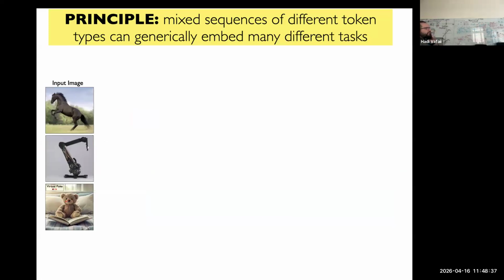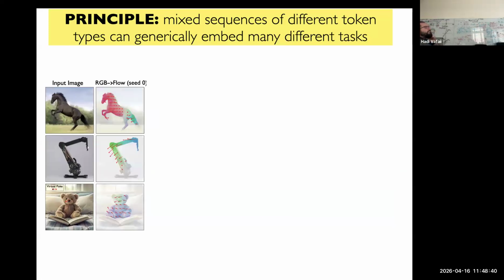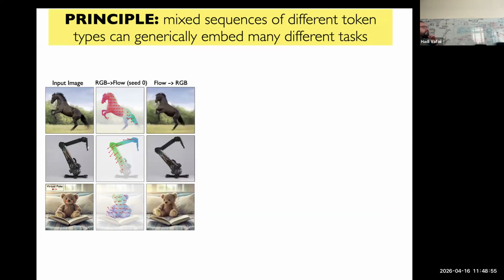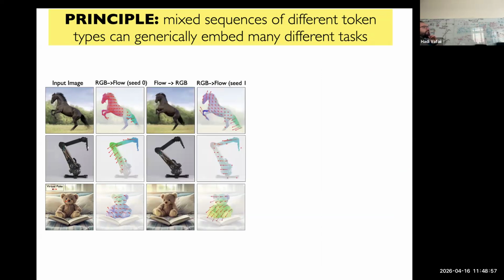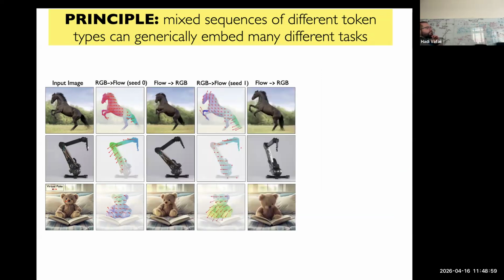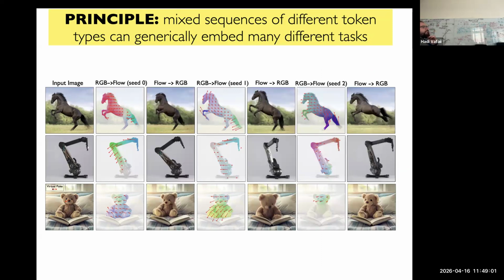So here they are in practice. I've got some initial image. I didn't tell you this, but we trained the model with those tokens. And so this is an example of a prediction for motion, which is like the objects can move. That's a sample of the motion prediction on those images. And then that's what the rendering looks like. Or you could do a different sample, which gives you a different motion, which renders thusly or thusly, right?